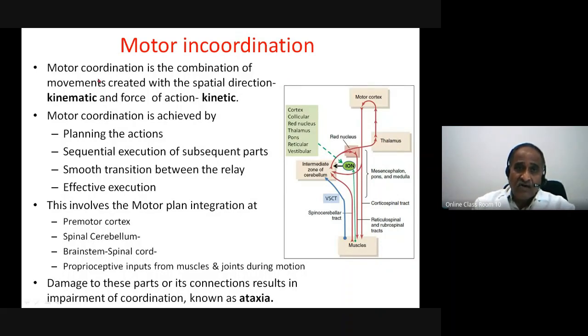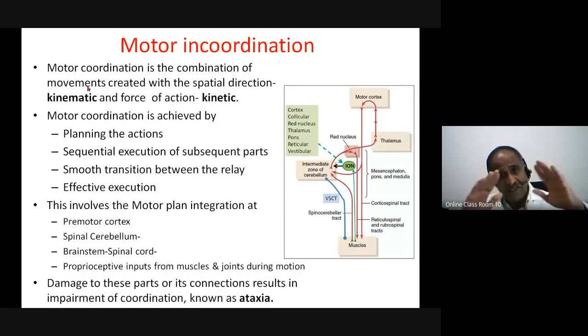The motor incoordination, before we understand what is going on with the incoordination, let us understand what coordination is. Coordination is a combination of movements, especially the movements of the various muscles and the joints and the segments of the motor activity, with a spatial direction.